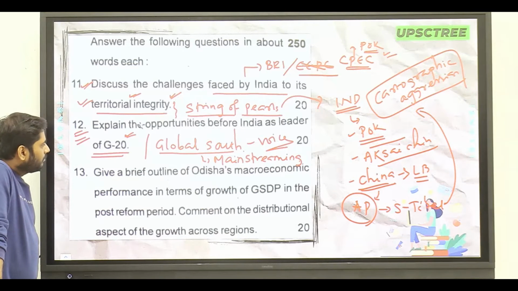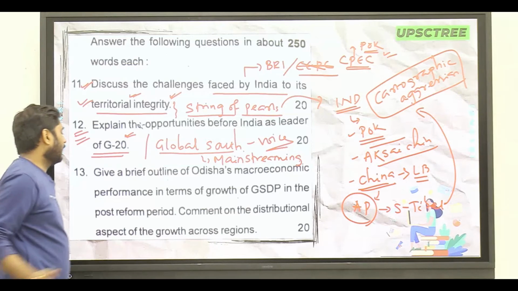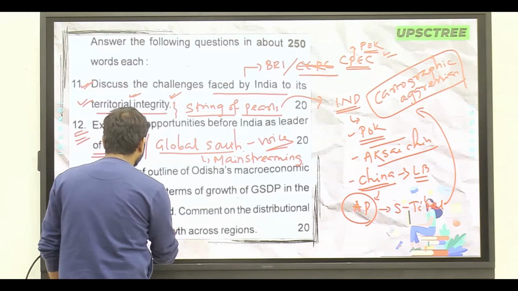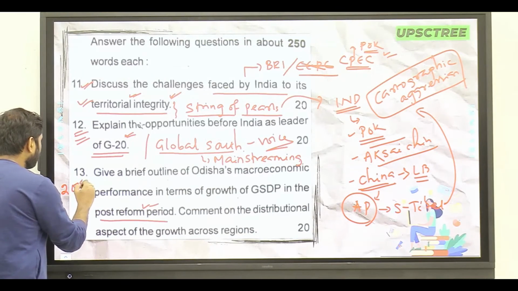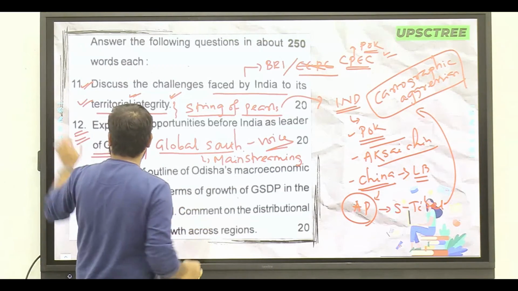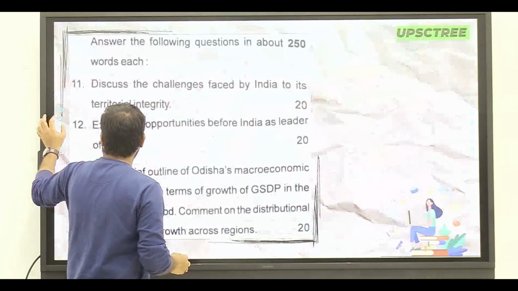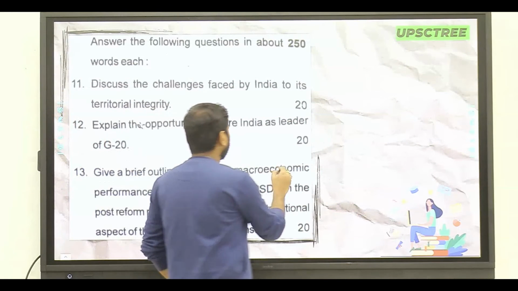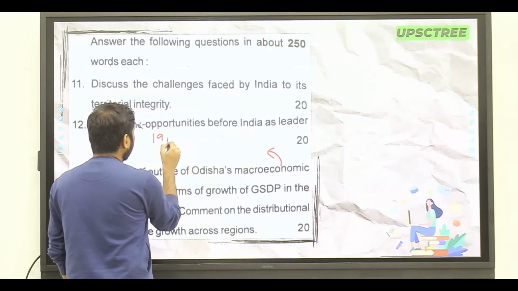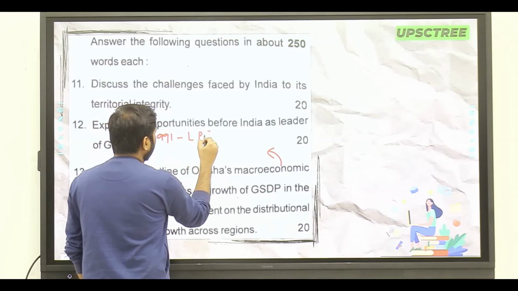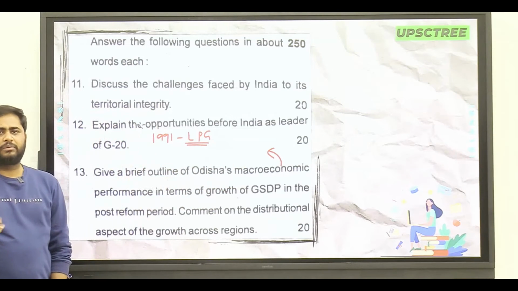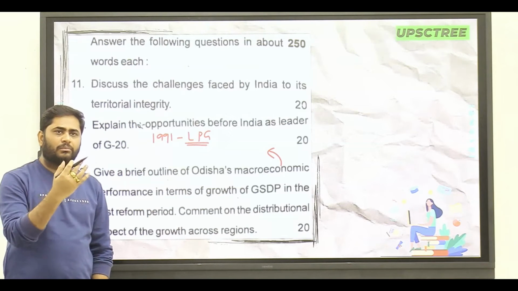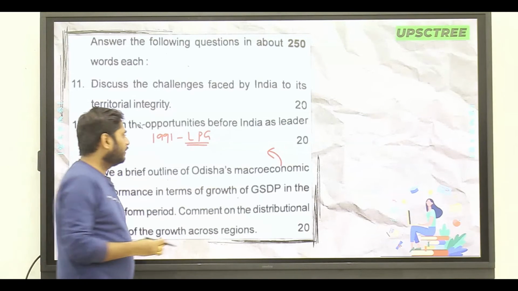Question number 13, give a brief outline of Odisha's macroeconomic performance in terms of growth. Okay, so I have given a question on the post reform period, and I have discussed it in detail. Let me clear it. Okay, this question you can discuss how in 1991 India went for LPG, but wherever you go for economic reform, it takes time to see the benefit.